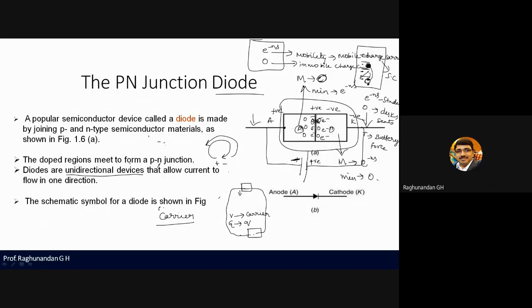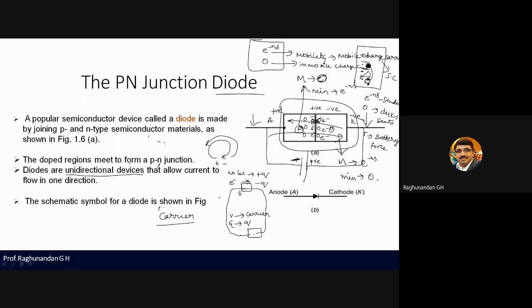That's why the charge on the hole is plus q, and the charge on the electron is minus q. Even though we say the current is flowing like this, electrons will be flowing in the opposite direction. So this is the schematic symbolic representation of the diode.